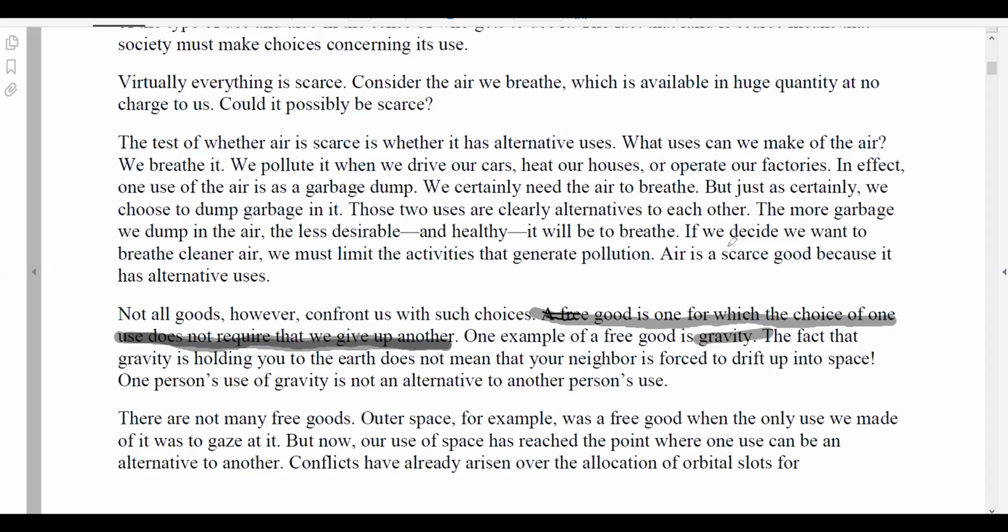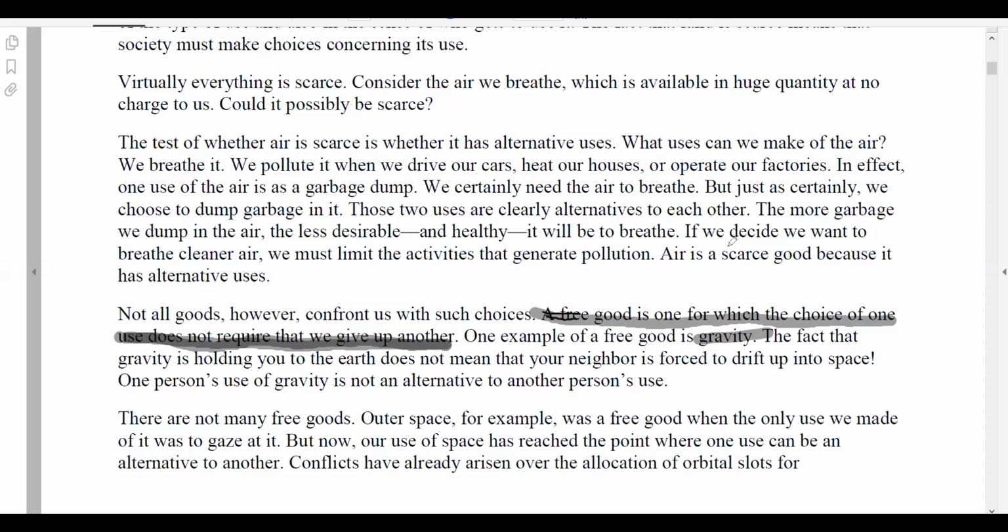I am saying, let's say you enjoy watching the stars at night, right? You don't have to pay anything for that. It's a free good. So does it mean that when you are viewing the stars at night, the next person who also enjoys doing the same thing will not be able to view them because you are viewing them?